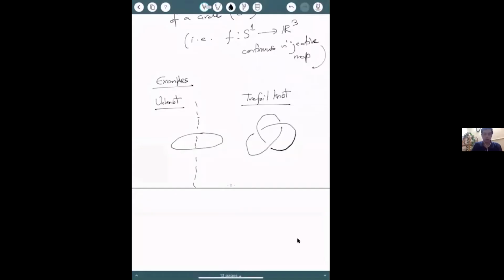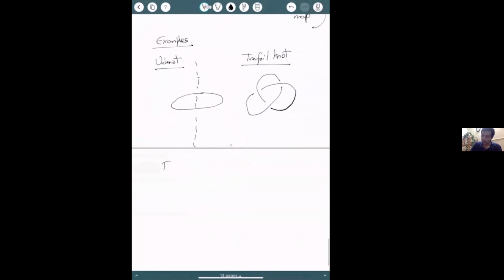Right. So anyway, the trefoil knot is one of the simplest. Another, maybe the next simplest knot, is the figure 8 knot.